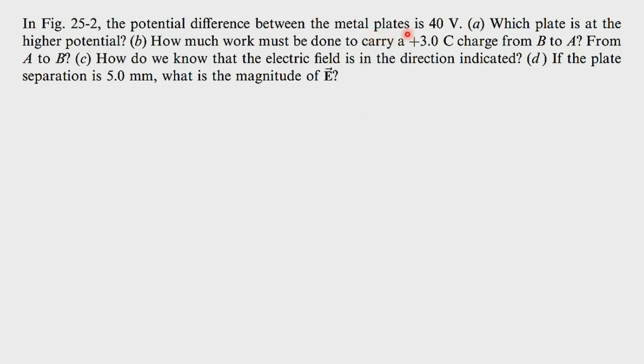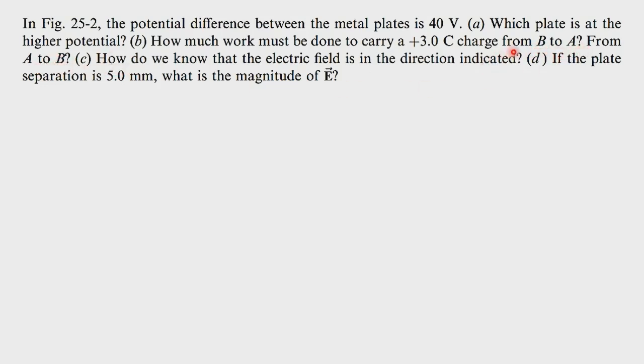So there is a metal plate pair that is already having a potential difference of 40 volts. The question is, A, which plate is at the higher potential? And B, how much work must be done to carry a positive 3.0 coulomb of charge from B to A and from A to B?